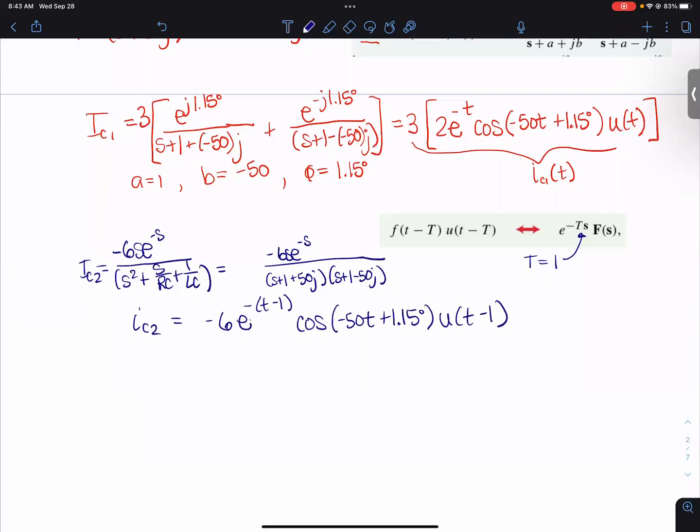So now we can just add those two together. So we have IC of t total is going to be the solution of IC1 plus the solution of IC2. So 6.